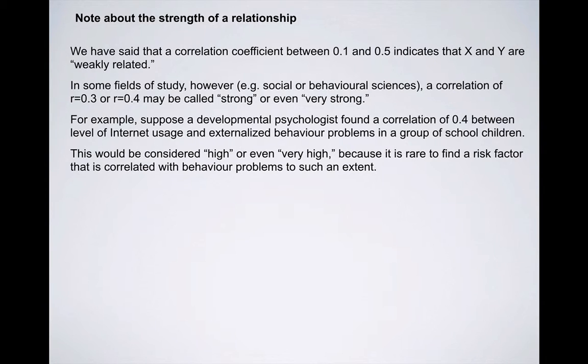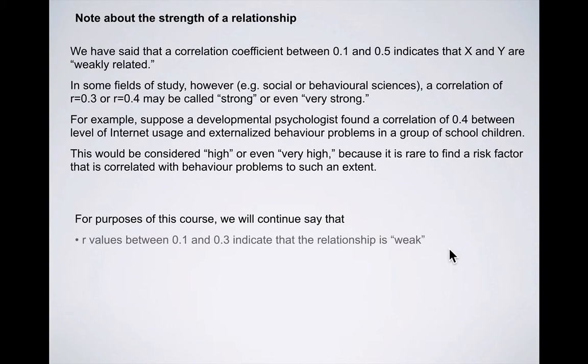Meaning, some kids may have violent behavior when they play certain games, but others do not. It's not a perfect predictor, but if there is a correlation of 0.4, then it tends to indicate that this might be the case. So for the purposes of this course, we're going to say that values between 0.1 and 0.3 indicate a weak relationship.